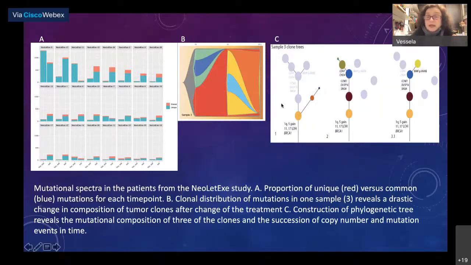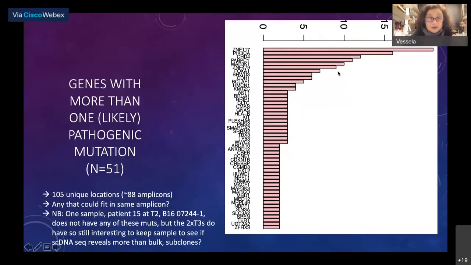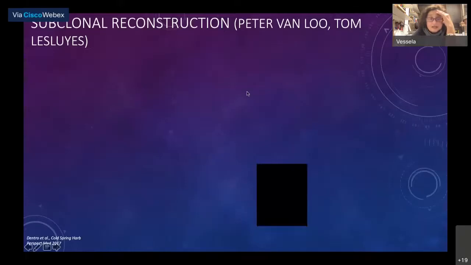And here we have also been able to produce this kind of phylogenetic trees to see how these mutations occur from one common trunk, one common mutational spectrum, into different ones specific to the different clones. Also, when we look at the genes, when we see these mutations more and more often, you can see the usual suspects. You can see MAP3 kinase, you can see PIK3CA. These are all mutations which are characteristic for breast cancer.